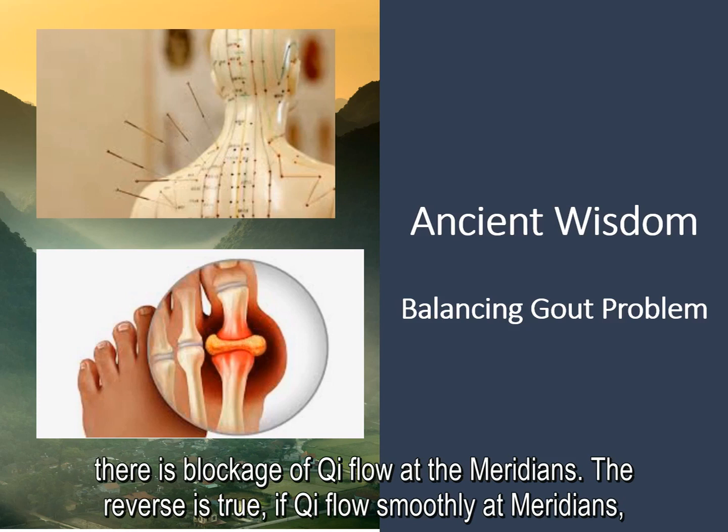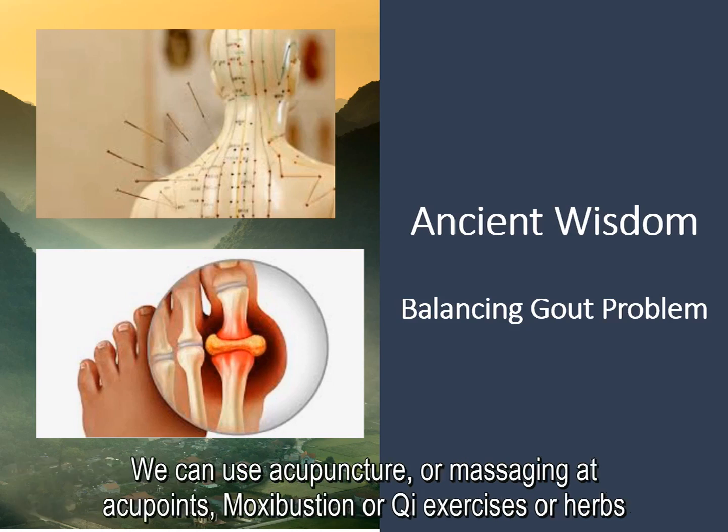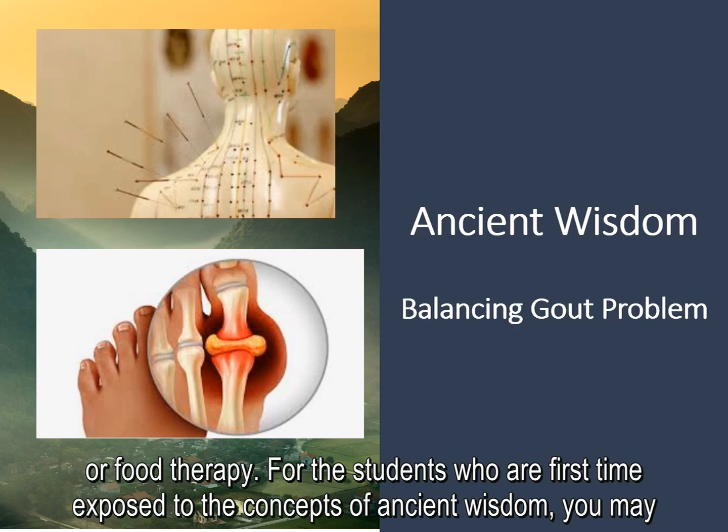The reverse is true. If qi flows smoothly at meridians with no blockages, there is no pain, no sickness, or no diseases. There are many ways to carry out unblocking of qi at meridians. We can use acupuncture or massaging at acupoints, moxibustion or qi exercises, or herbs or food therapy.